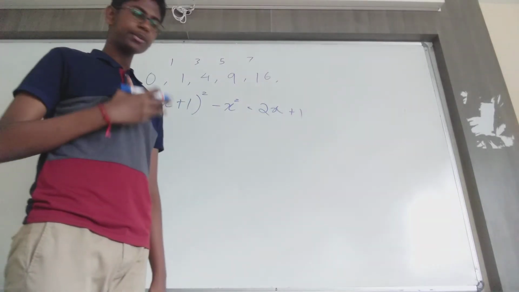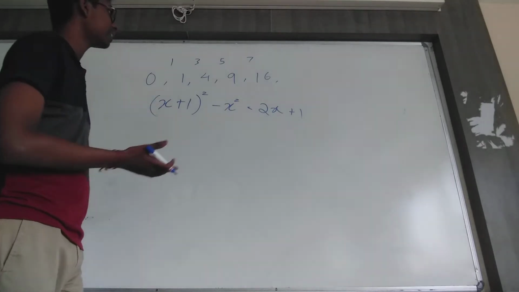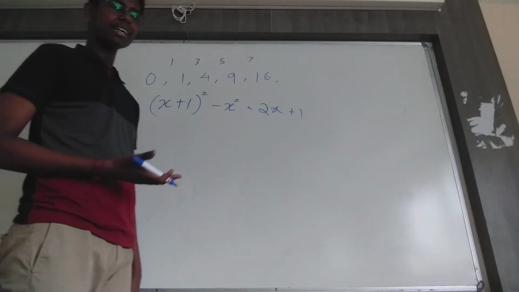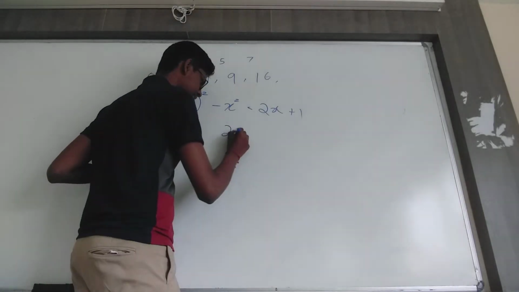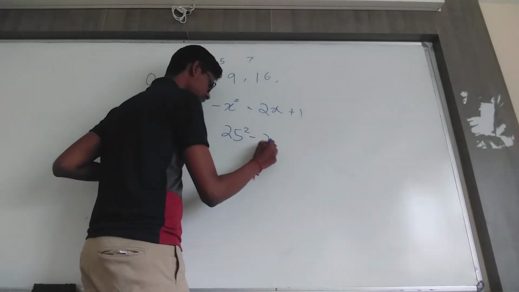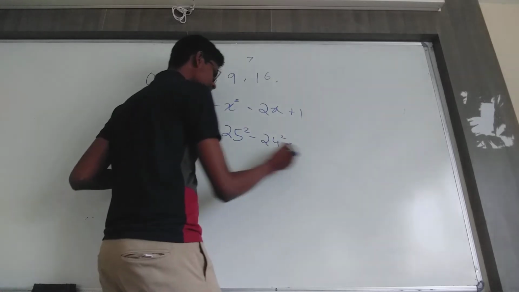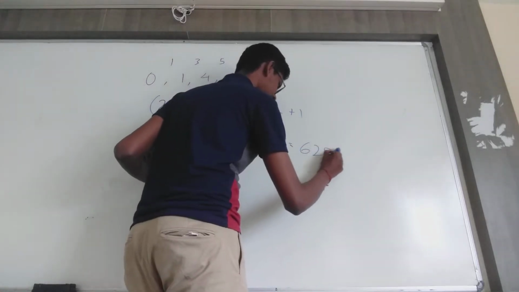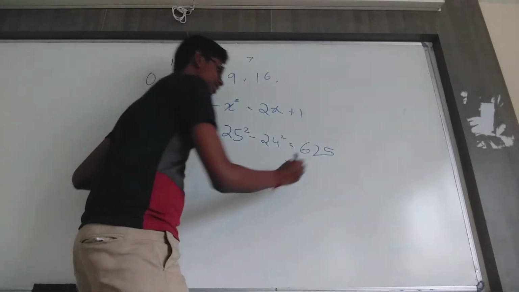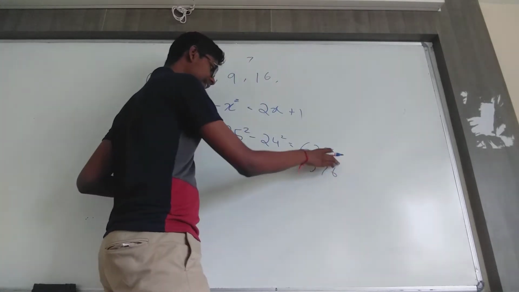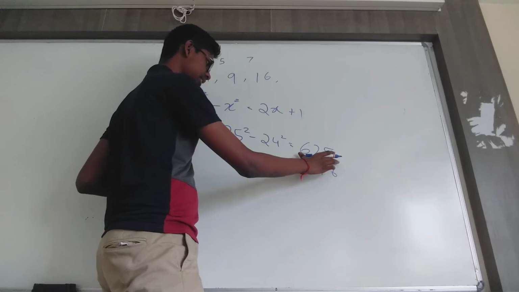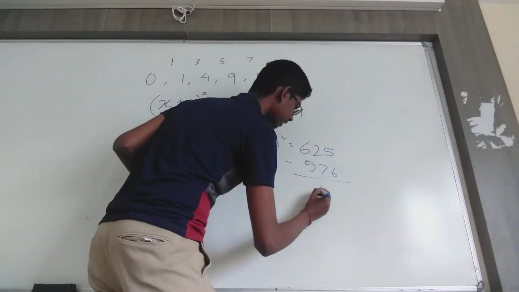We've till now come up with no proof for why this pattern is consistently followed, except that any square we take, like 25 square minus 24 square. 25 square is 625, and 24 square I happen to know is 576, and the difference is 24 plus 25, it's 49.